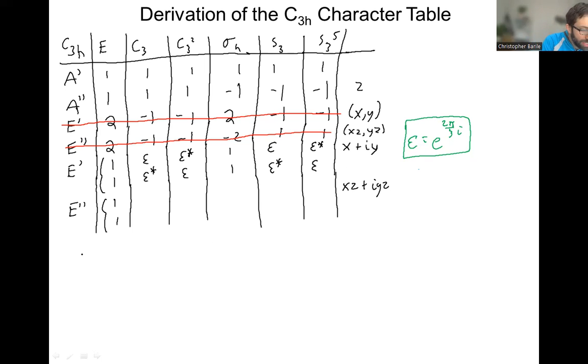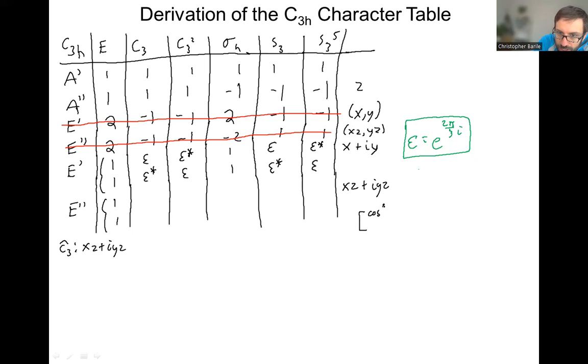Okay, so now we get to figure out how all these functions transform. The identity is not interesting. We're not even going to write it. It just takes xz plus iyz to xz plus iyz. But we have to do the C3. So C3 operation on xz plus iyz. Again, I'm going to rewrite our rotation matrix here.